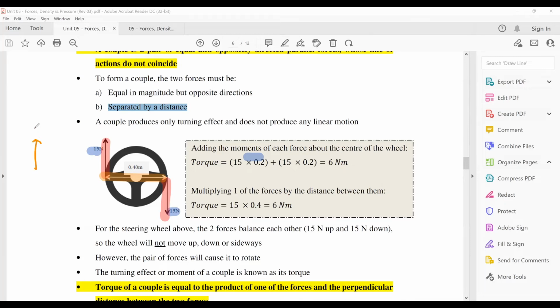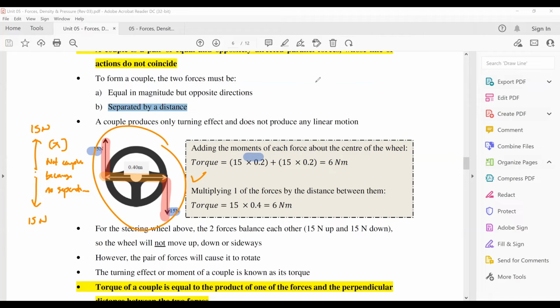If you had 15 Newton and also 15 Newton like this, sure, these are equal and opposite forces, but they are not separated by a distance. So this one is not considered a couple. A couple must be equal and opposite forces separated by a distance. I'll just write here: not a couple because no separation. This one is a couple, correct.